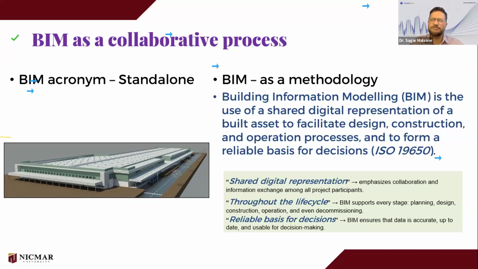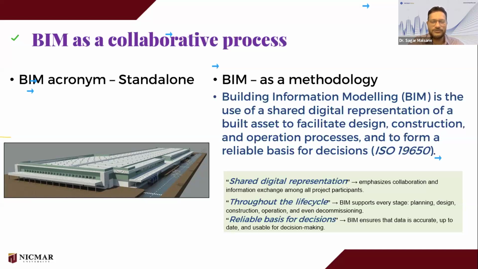So all project participants can access that information. They are responsible for updating the information as well as sharing it, and they can utilize that information for further enhancing their input or output. Okay, so that is the core concept of BIM.